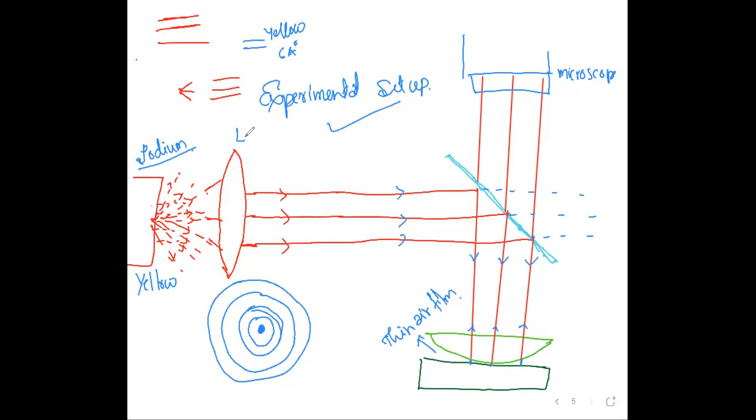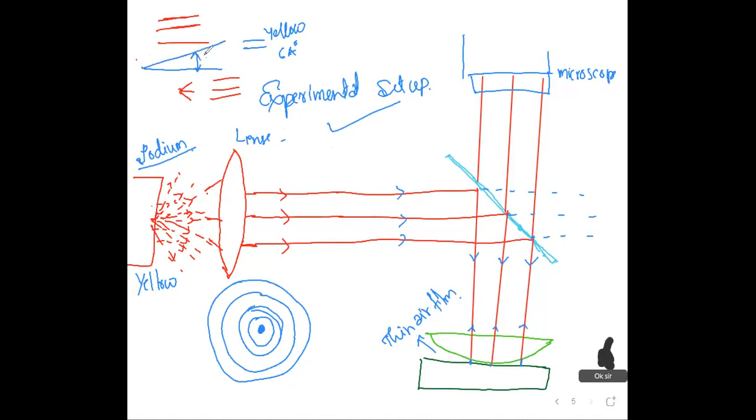And we use a convex lens here, in order to make the rays parallel, because this is the case of Fizeau's fringes. In Fizeau's fringes, it will look like this.